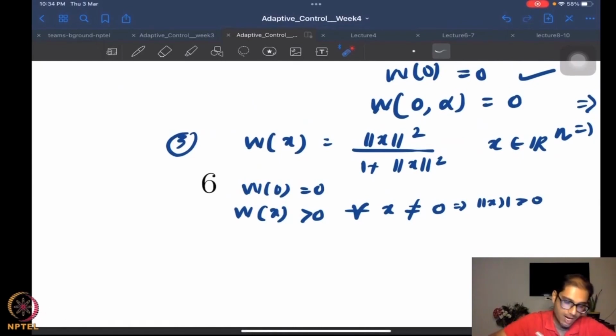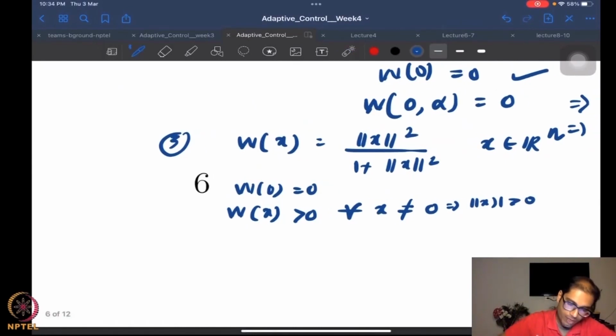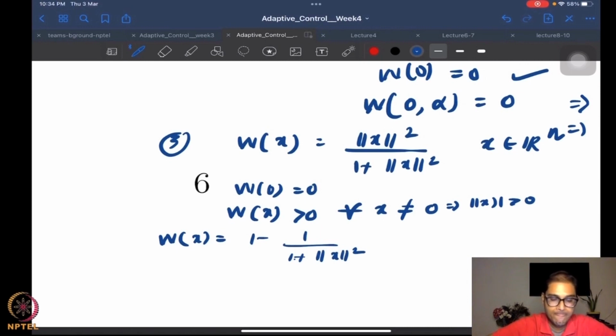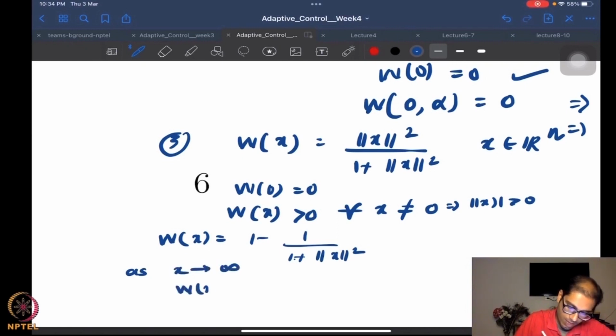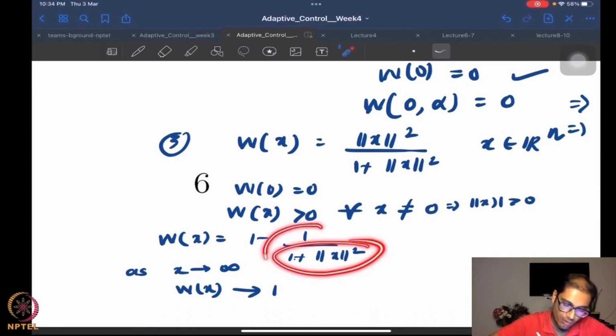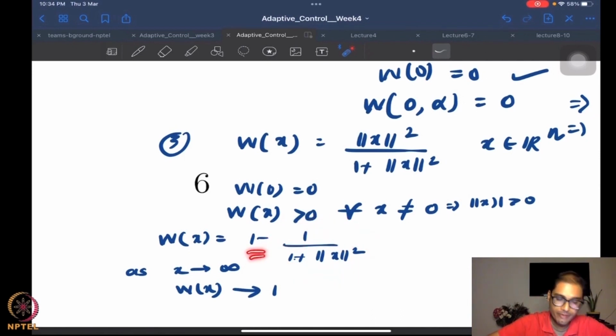Why? This is where I had written an expression for w last time. This is where it will come to be of use to us. So w of x can be written as 1 minus 1 over 1 plus norm x squared. As x goes to infinity, this goes to infinity, so this whole thing goes to 0, and all I'm left with is 1.